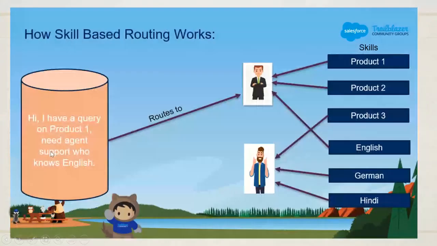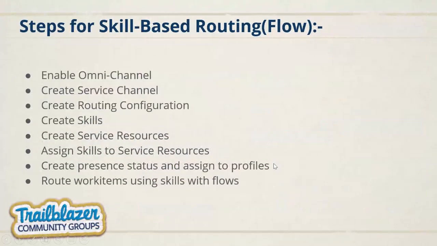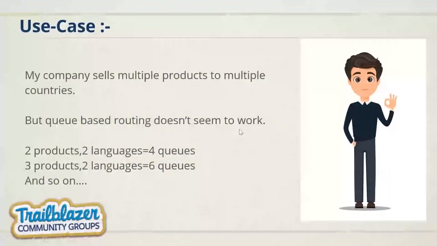So when I have 2 products and 2 languages, that means I'll have to create 4 queues. And supposing I increase the products or the number of languages, because customers are approaching a lot and multiple countries are approaching me as a company, there will be multiple languages.